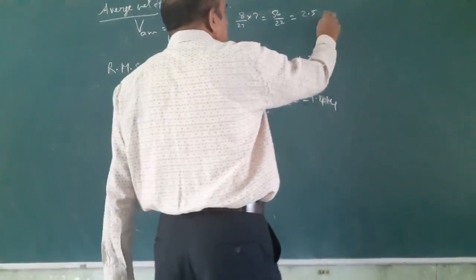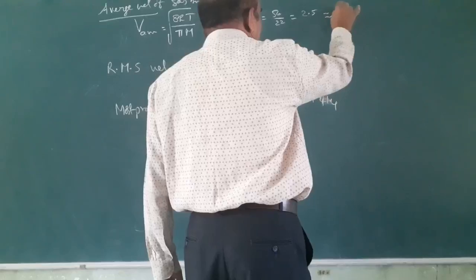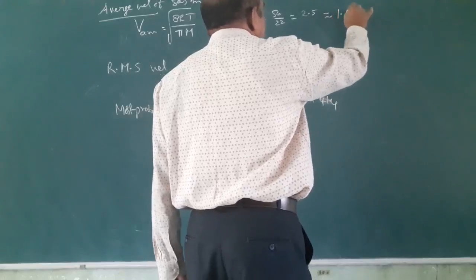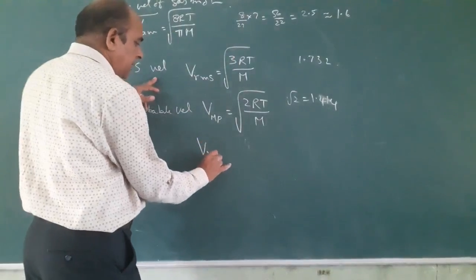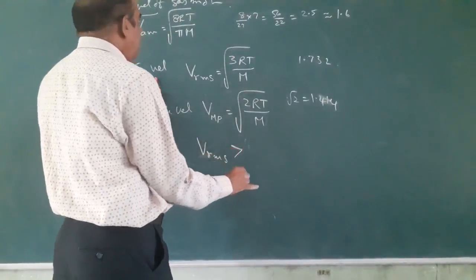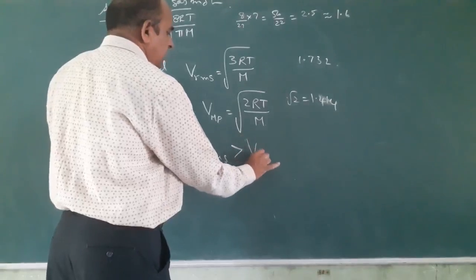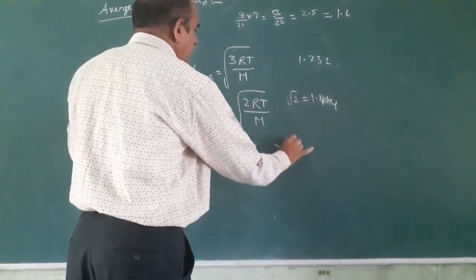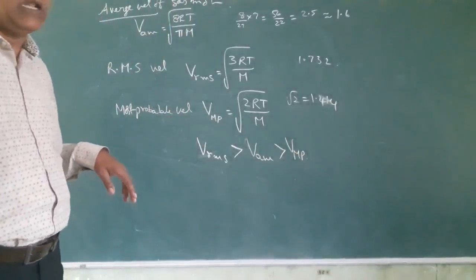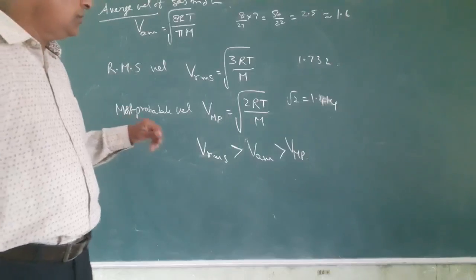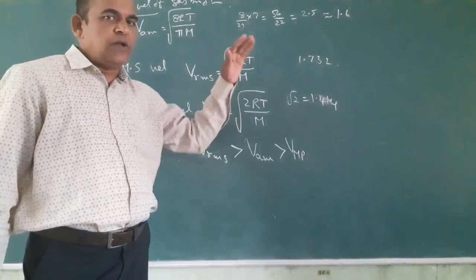So it is in between them, approximately 1.6 something. So V RMS is greater than V average, which is greater than V most probable velocity.